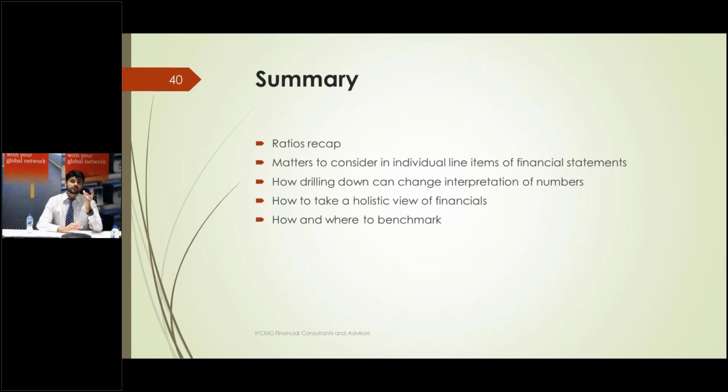Then how to take a holistic view of financials: I showed you horizontal and vertical analysis, a snapshot of numbers, profit and key numbers, return on assets, and how and where to benchmark. Benchmarking can be against prior year numbers, a similar size company, or, if you want to improve, the market leader.